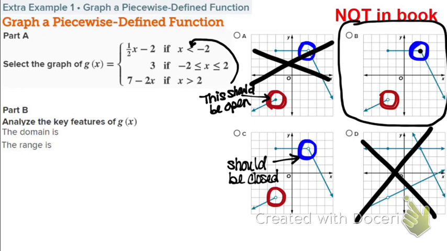I can take elevators straight up, and that's okay. But if I have to jump, that would be different. I don't have to jump over. My domain is going to be all real numbers because I could get from one side to the other. All real numbers.